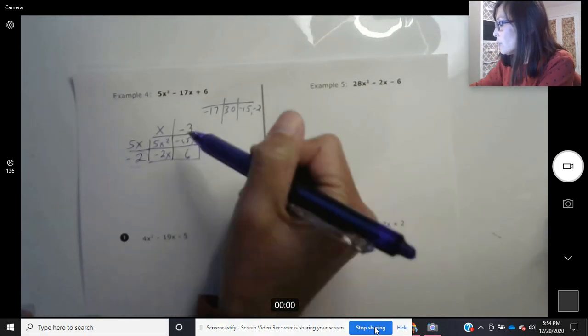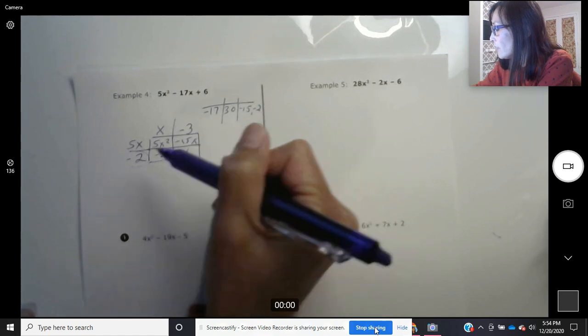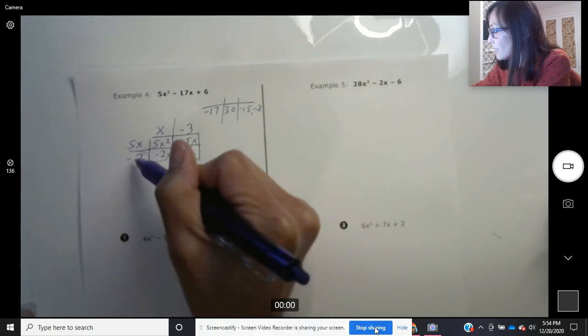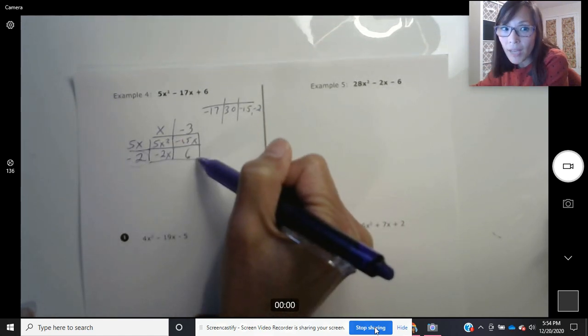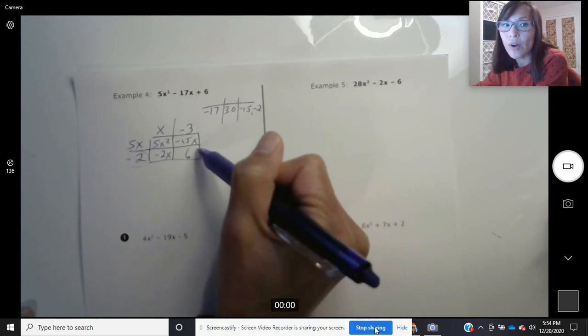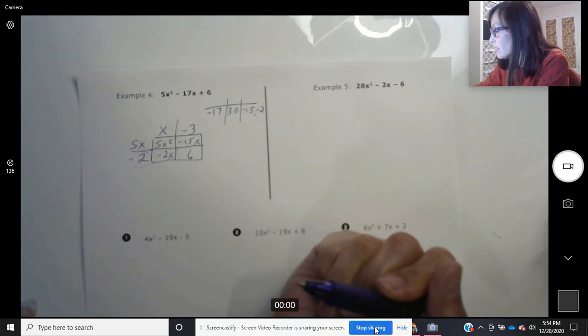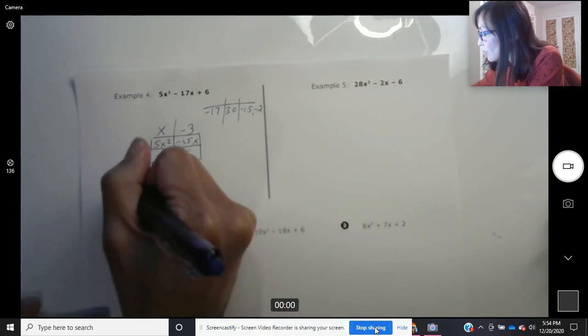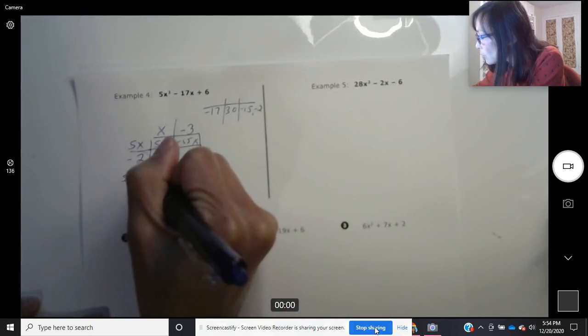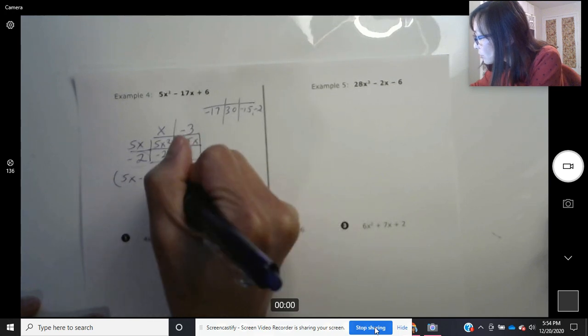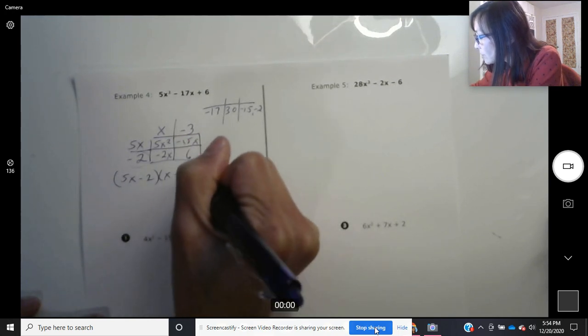So I needed to make sure that I took out a negative here and a negative here because negative times negative is a positive 6. And so I would not be able to get a positive 6 if I didn't take out the two negatives. So my two terms are 5x minus 2 and x minus 3.